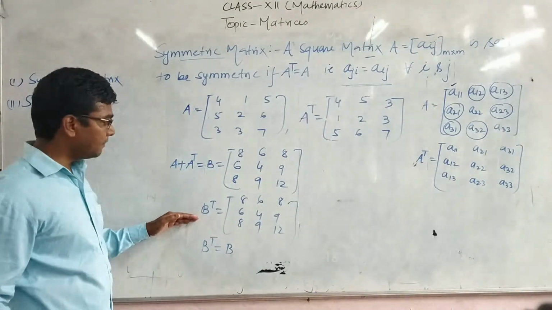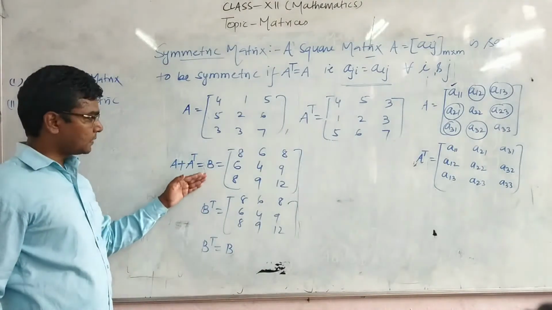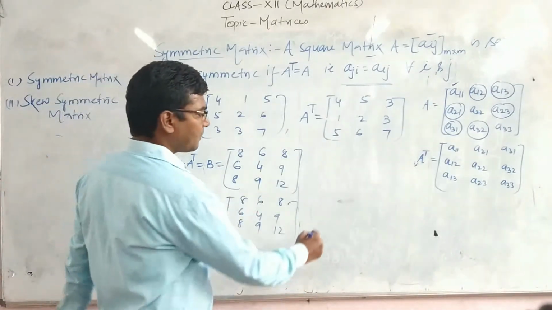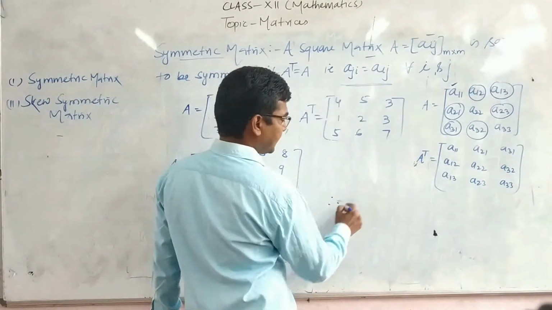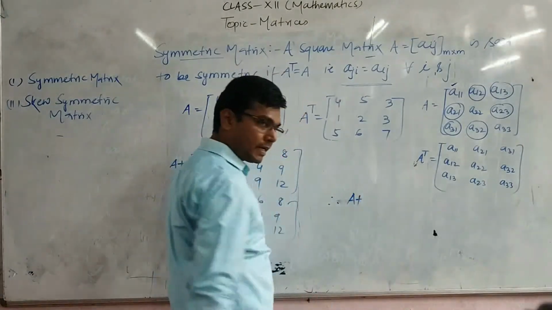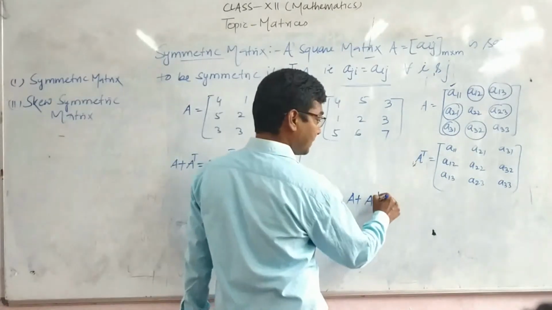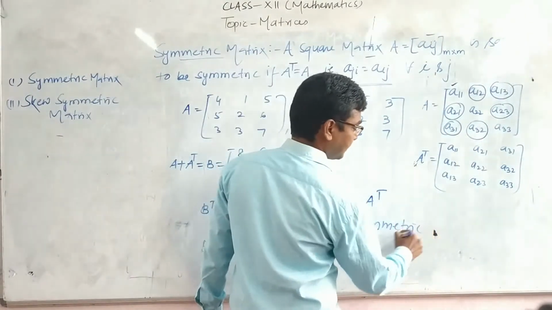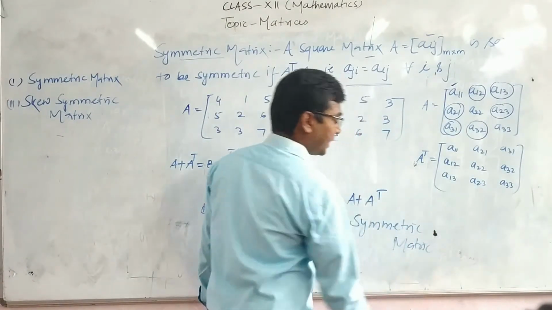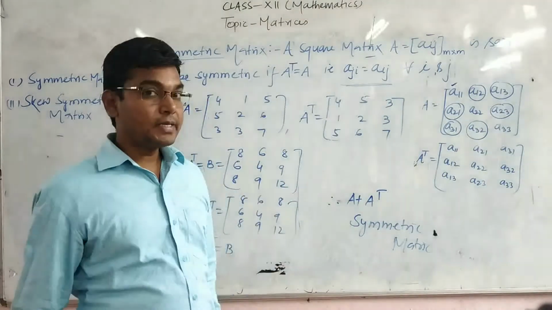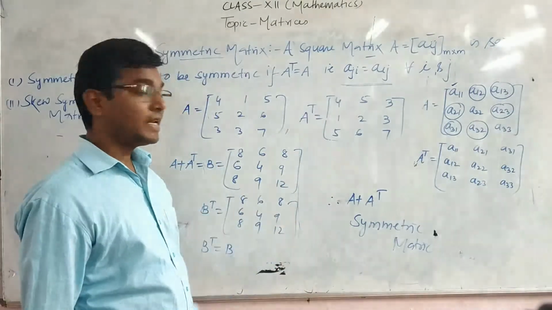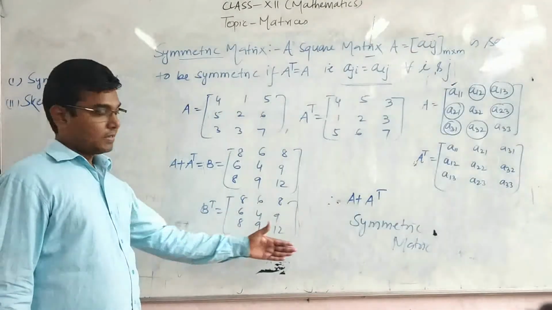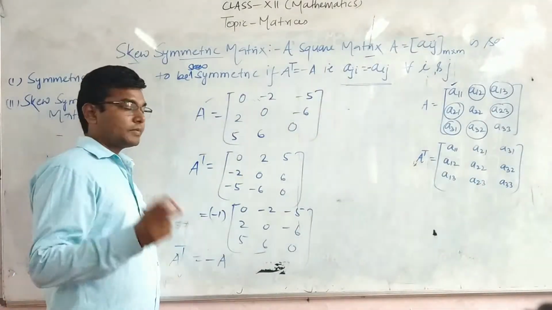So clearly the transpose of the matrix is equal to the original matrix. From here we can say that the sum of a square matrix and its transpose is always a symmetric matrix, where A may or may not be a symmetric matrix. This is a very important result.